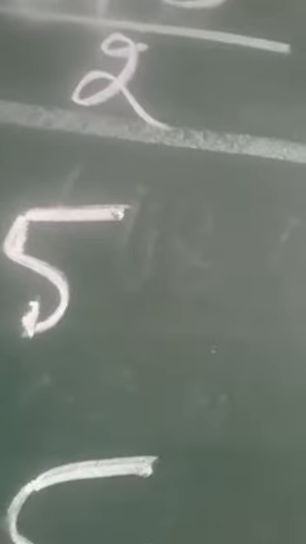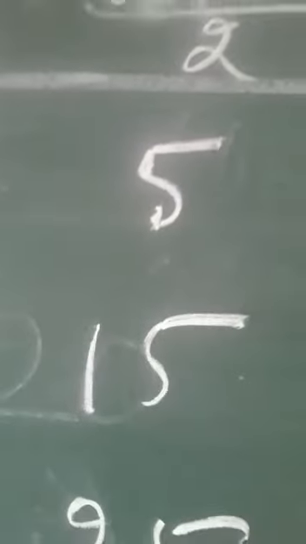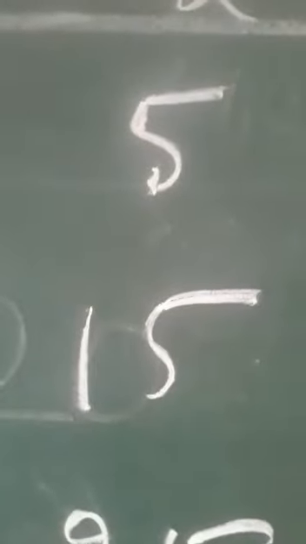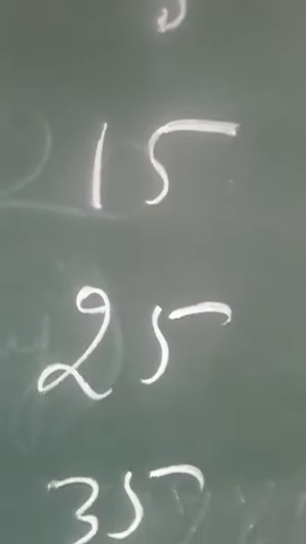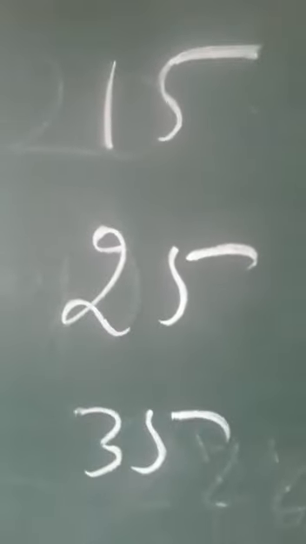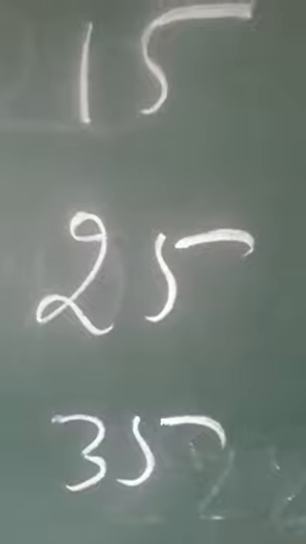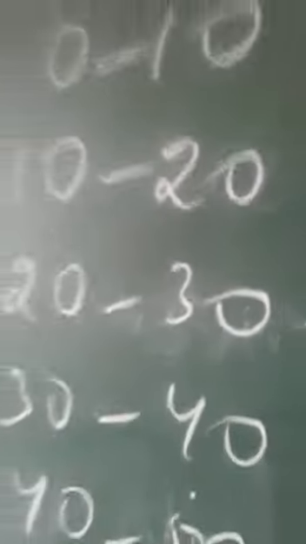Now for 10 to 20, when we add 10 and 20 and divide by 2, we get 15. So this is the second xi. Similarly, for 20 to 30, the lower limit is 20 and the upper limit is 30.